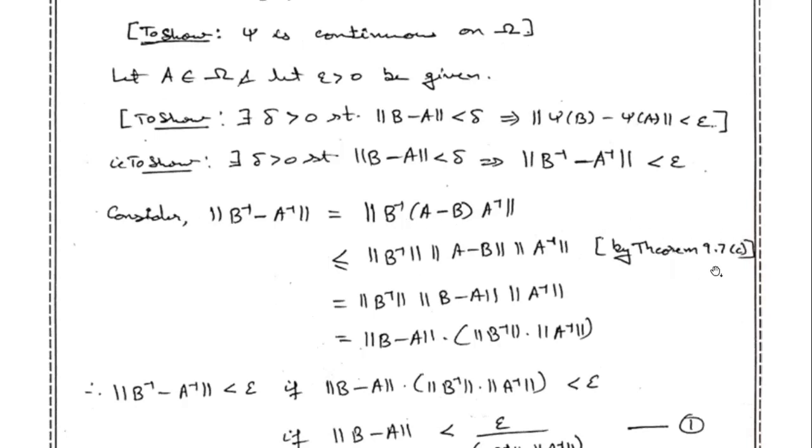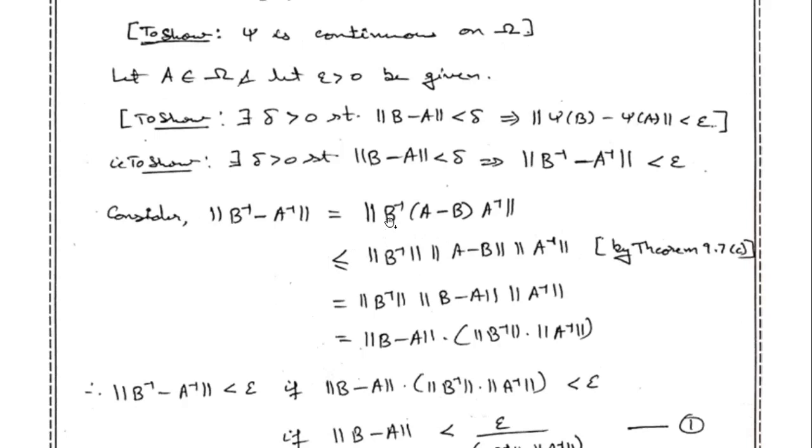And there also this result was for composition, that we had composed B and A, we had taken norm of that, norm BA, and it was less than or equal to norm B into norm A. So let us apply that result, extend it to three compositions. So it is composition of B inverse, composed with A minus B, composed with A inverse.